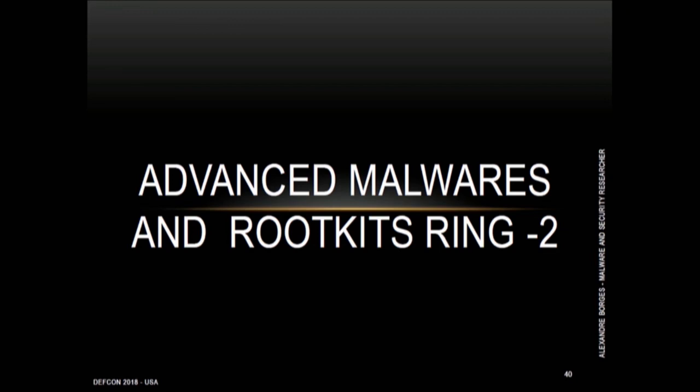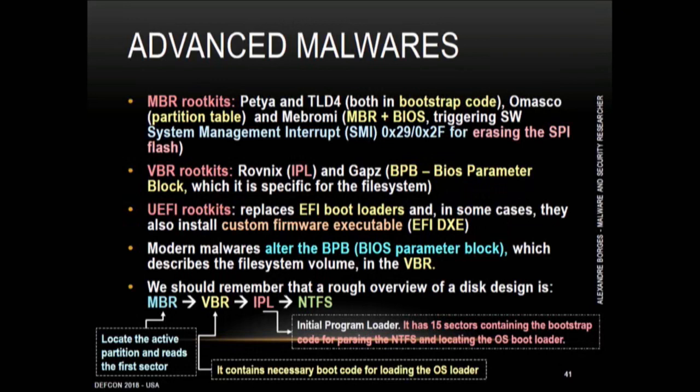Now, I'm talking about advanced malwares, basically rootkits in ring minus 2. When we talk about ring minus 2 malwares, the context is so different. Most malwares acting at this level attack the MBR, VBR, or UEFI, for example.